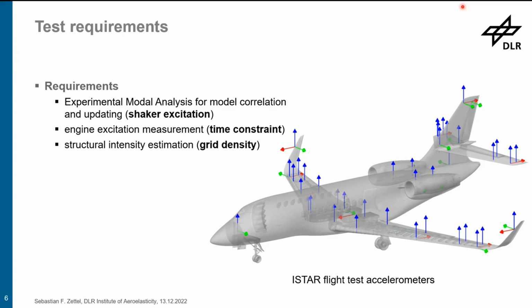This came with time constraints, as the engines can only run for so long on the fuel which is tanked, and also considering the costs of the fuel for such an engine run on ground. Additionally, we wanted to have a pretty good sensor density on the fuselage in order to estimate structural intensity from the measurement data.